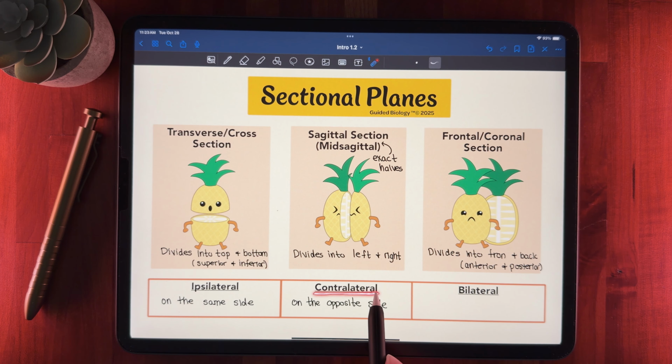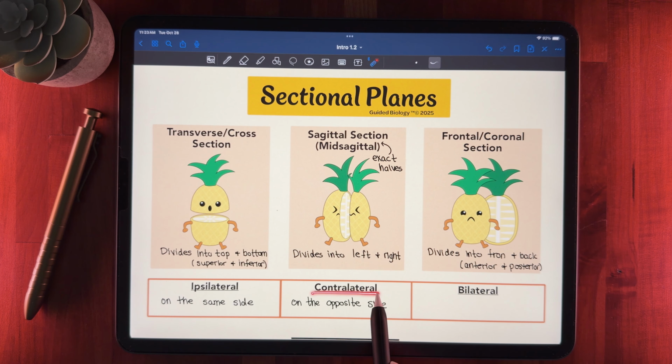When we talk about the brain and voluntary motor control, you can think about moving your arm, and that is contralateral. Movement of your left arm is controlled by the right side of your brain, so it's on the opposite side. The left arm is controlled by the contralateral side of the brain, meaning the right side.